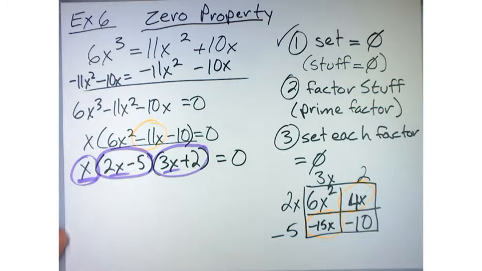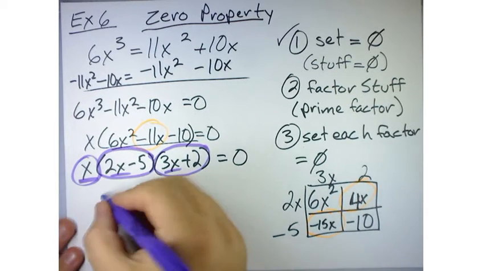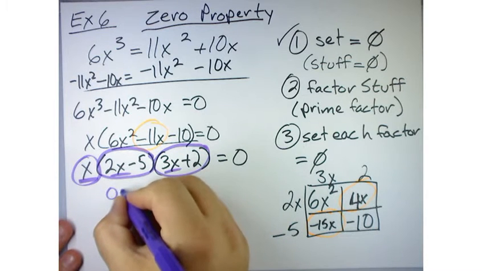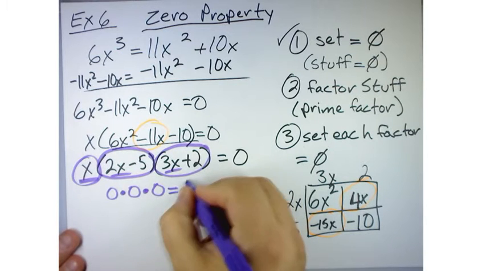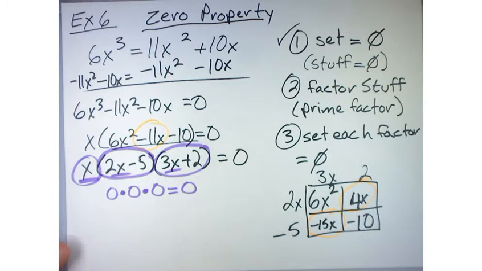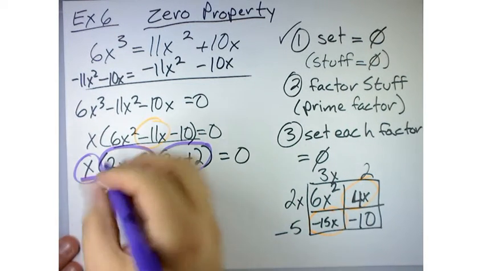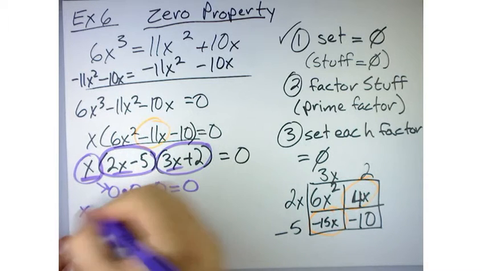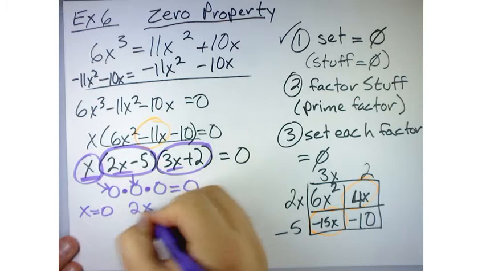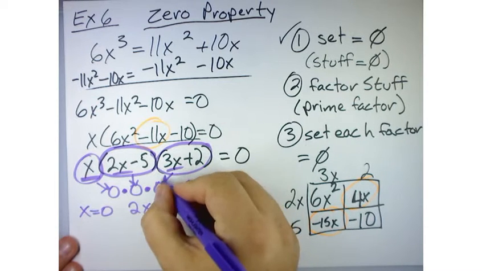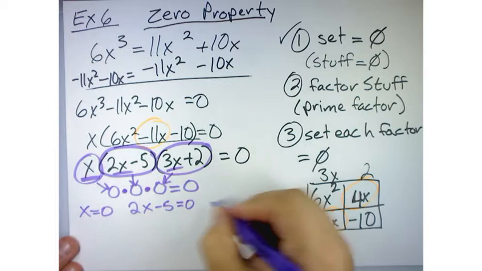How can I guarantee that? Well, what you should be thinking in your head is 0 times 0 times 0 equals 0, doesn't it? So what does that mean? That means I have to set this term equal to 0, this term equal to 0, and this term equal to 0.